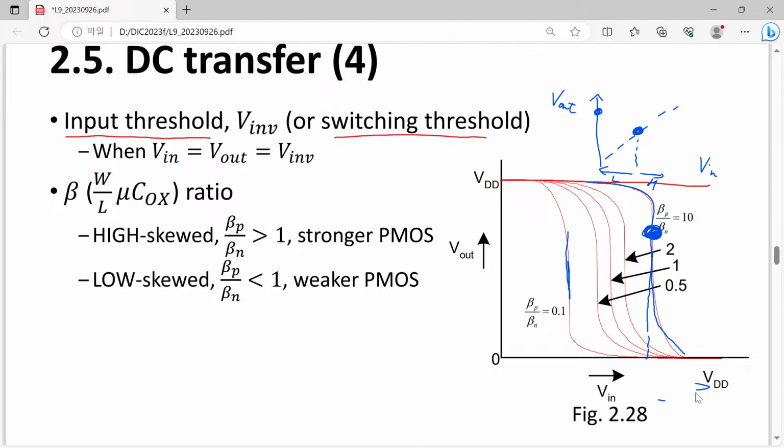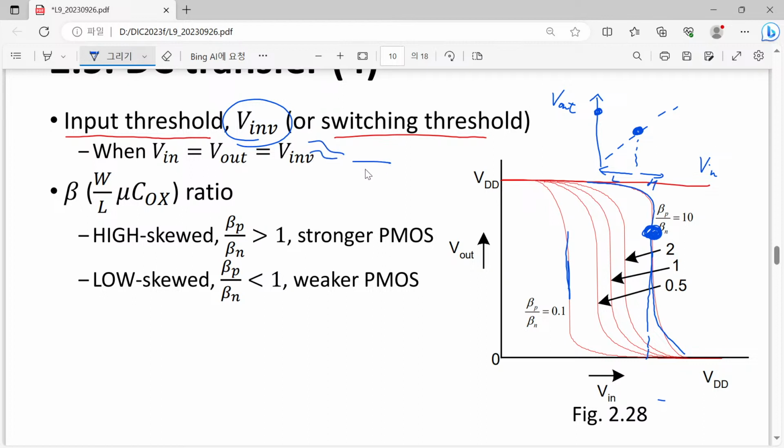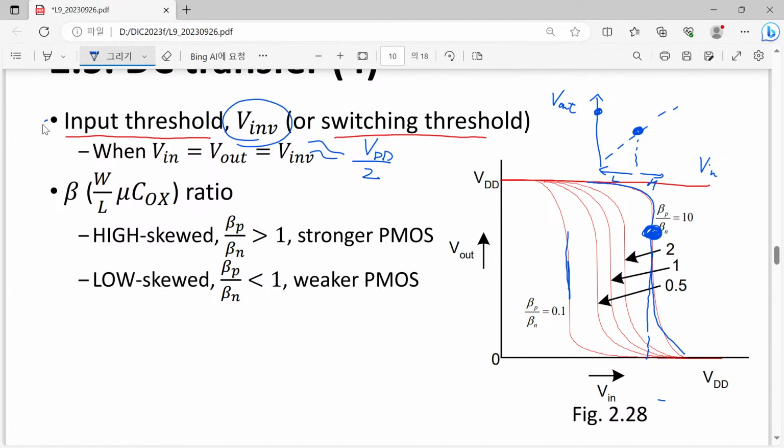So simply speaking, the ideal case is that the input threshold should be quite close to half VDD. If that is close to half VDD, our inverter is more or less balanced between logical high and logical low. That is our first consideration. So we want to make it close to half VDD.